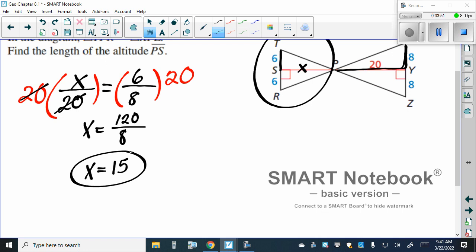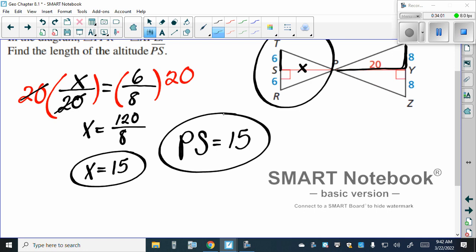So our altitude PS is 15. So we can say that PS is 15. And we don't include the line segment above PS for this here because we're not talking about the segment itself. We're talking about its length. Questions on this here?